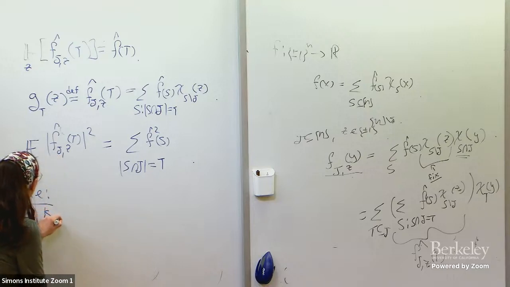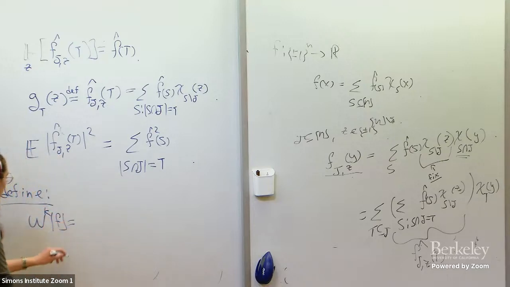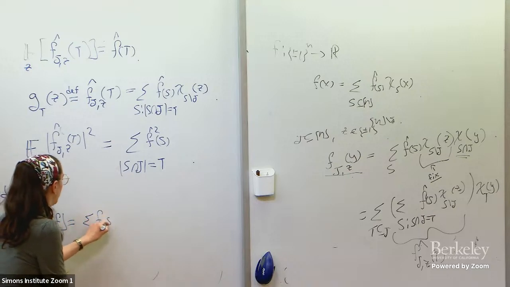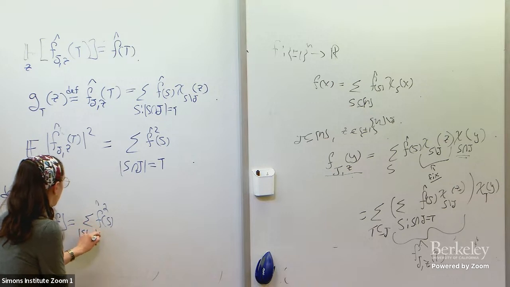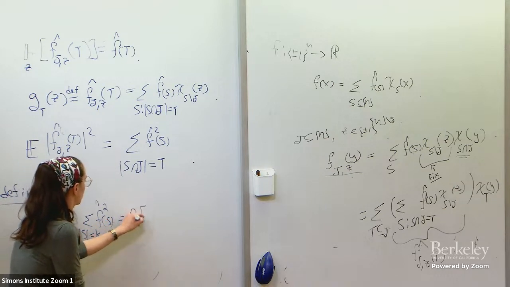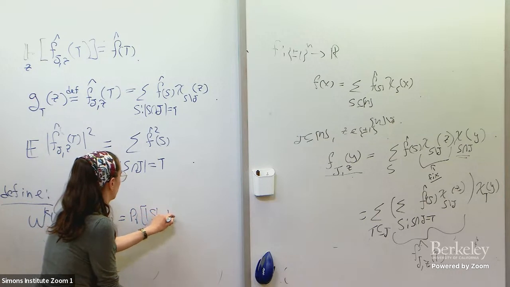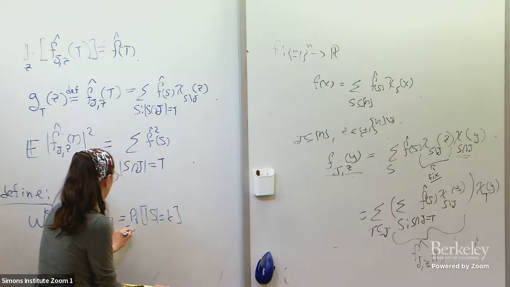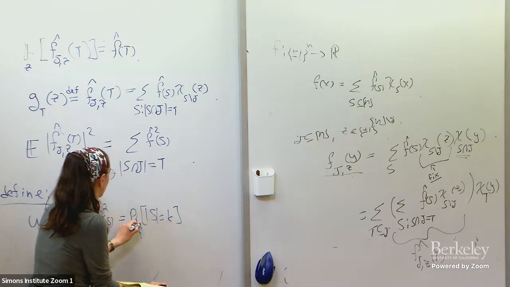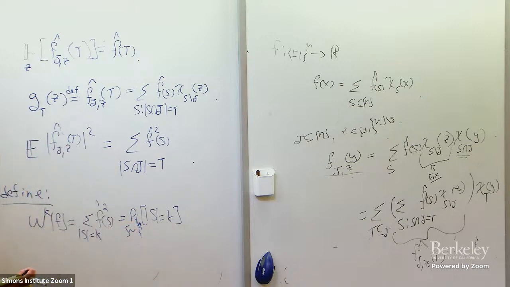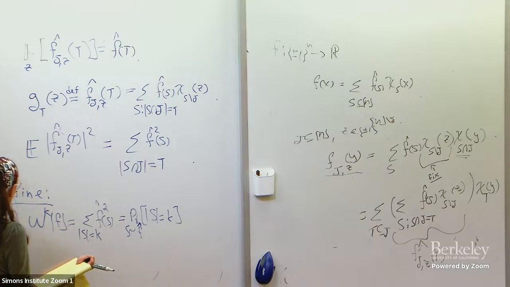The weight K of the function f is defined to be the weight of the characters of size K. Think about it as the probability that the size of S equals K, where S is chosen from the Fourier distribution. Now we can ask what is the level K weight, in expectation, for the restriction. So, a fact.